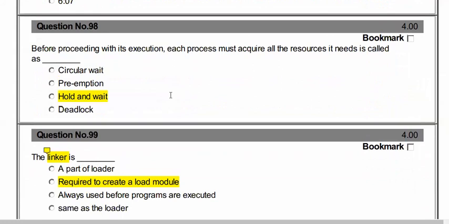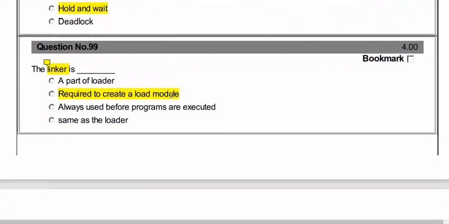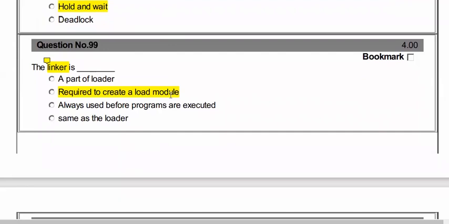Before proceeding with its execution, each process must acquire all the resources it needs is called as dash. Option C is right, hold and wait. The linker is a dash. Option B is right, required to create a load module.